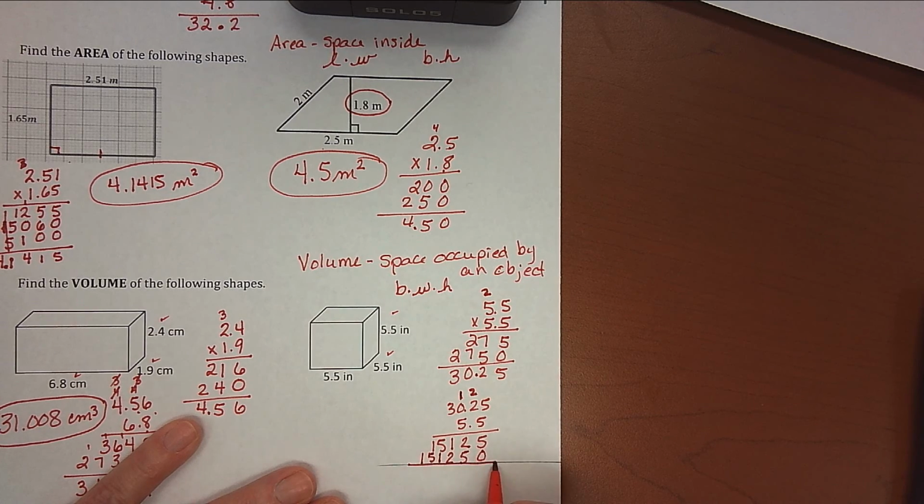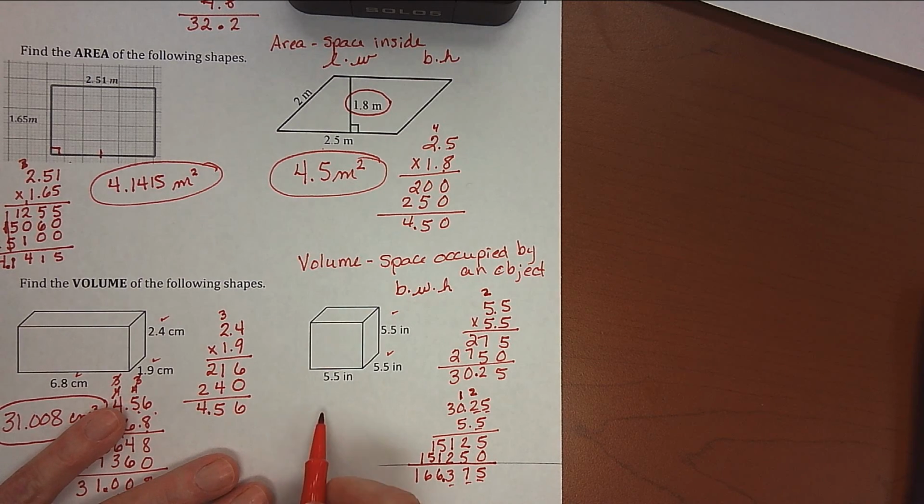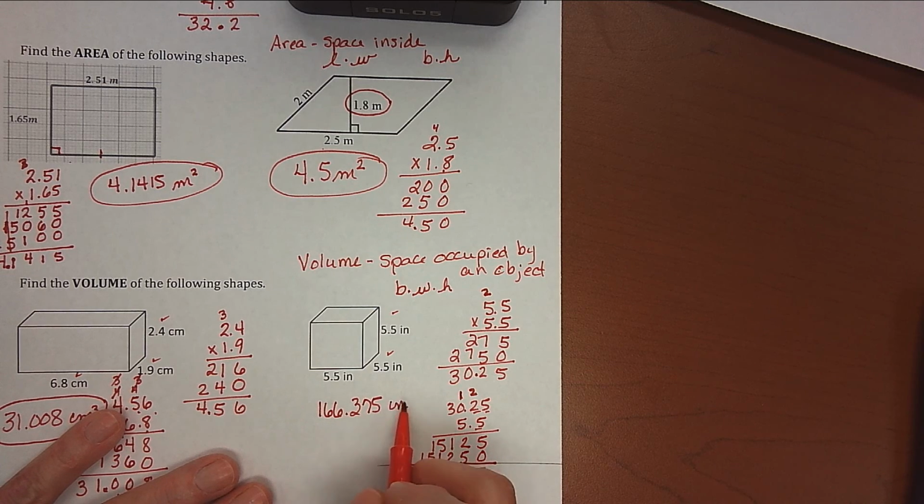And then add that up. 5, 7, 3, 6, 6, 1. Place my decimal point. So 5 and 5/10 cubed is 166 and 375 thousandths inches cubed.